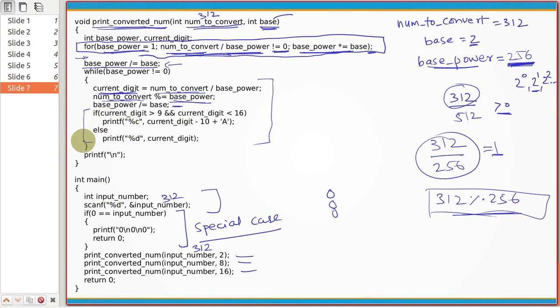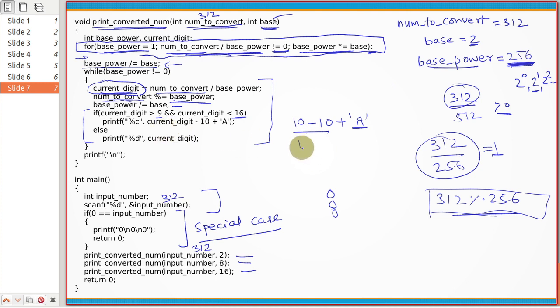And now this condition is because we also want to handle hexadecimal with this function. So I am checking if the digit that I have to print is greater than 9 and less than 16. If this is the case, then what will I do? Whatever the current digit is, let's say it is 10, then it will do 10 minus 10 plus ASCII of a. So basically 10 minus 10 is 0, so it will not add anything to ASCII of a.